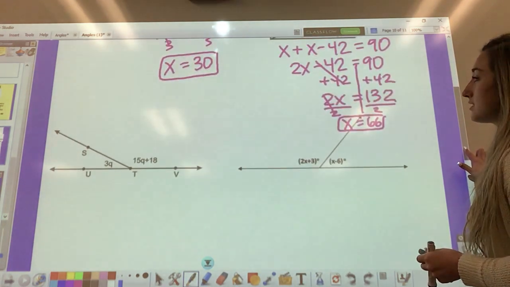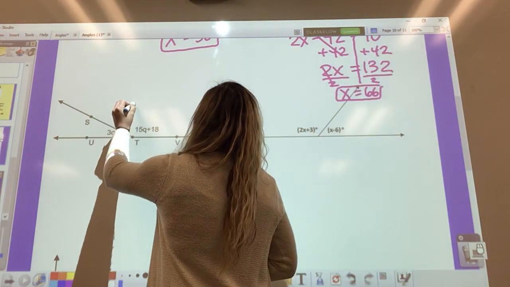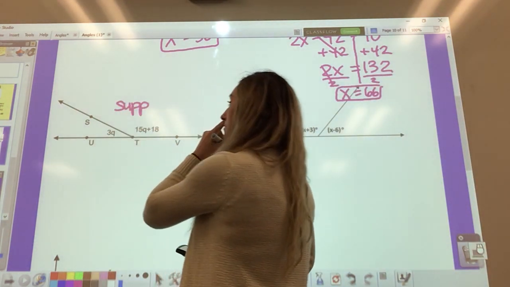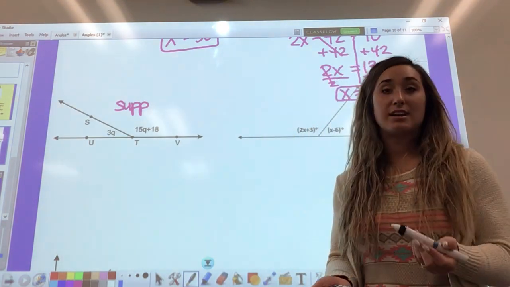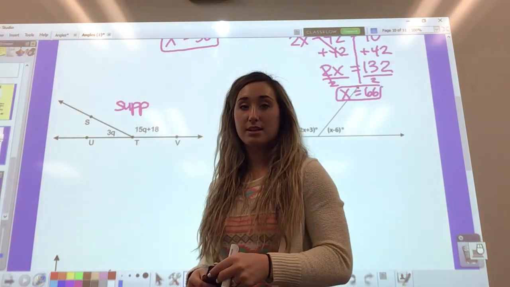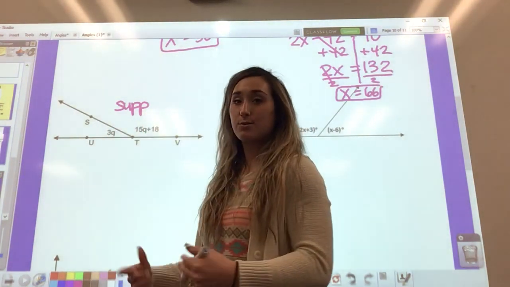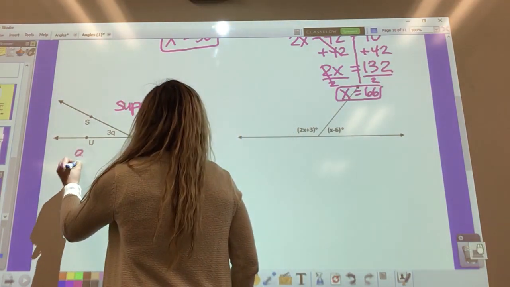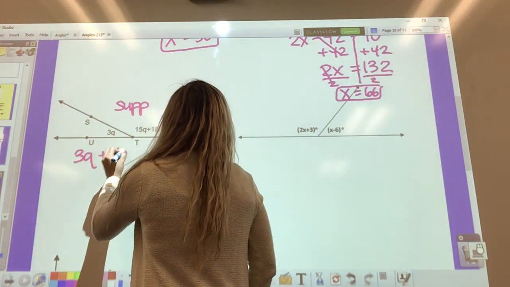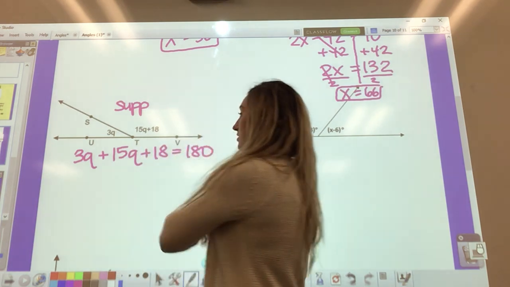Heading on down to this next one, now we're dealing with supplementary angles, meaning that they add up to 180 degrees. So, same thing, using that fact, I'm going to set up an equation. I know that this plus this equals 180, so I can set that up. 3q plus 15q plus 18 equals 180.